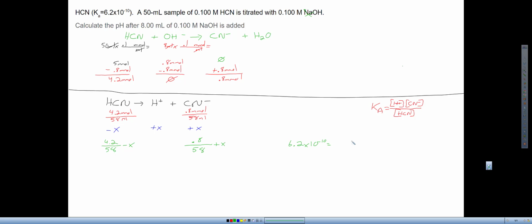And so my hydrogen content is X. My cyanide content, again, I'm going to drop that X because it's so small, we don't care about it. It's too small to worry about. And mathematically, it'd be pretty problematic to try to solve that. It's messy enough as it is. Likewise, my HCN concentration, I'm going to drop that in minus X.